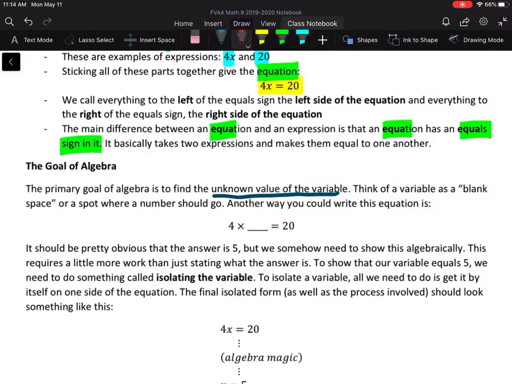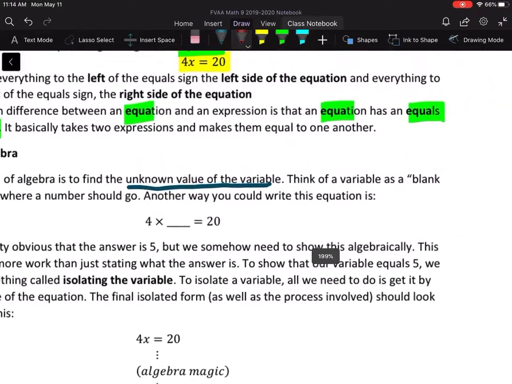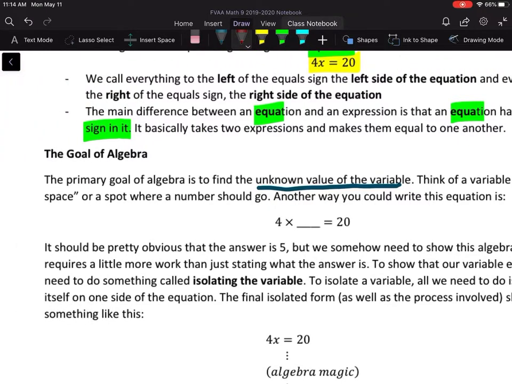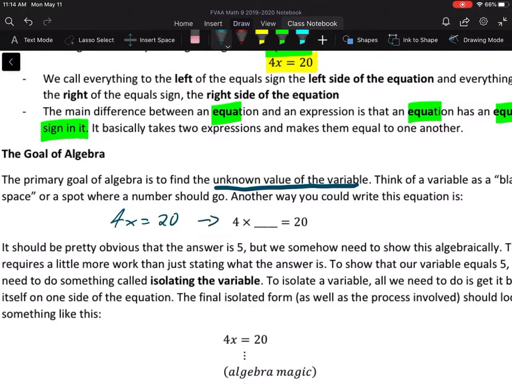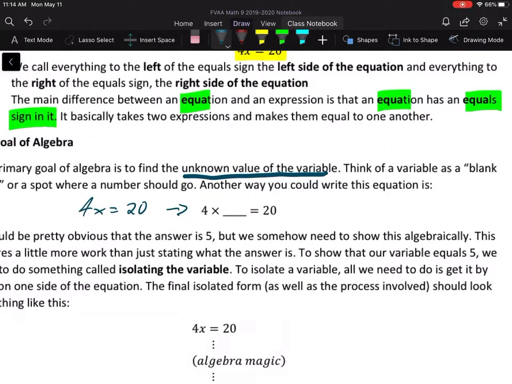Another way of writing the original equation, 4x is equal to 20, is 4 times blank is equal to 20.